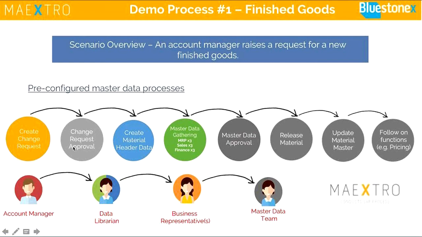Let's take the example where it's a data librarian doing that task. And then it's going to trigger a number of tasks, the main one being data gathering. Our example here is we're going to send off some requests for data to MRP people out in the plants, some sales information and some finance information.